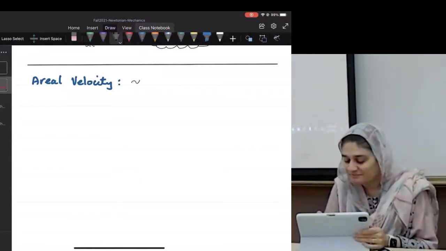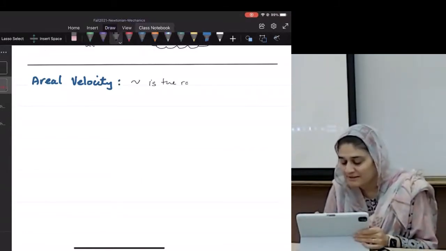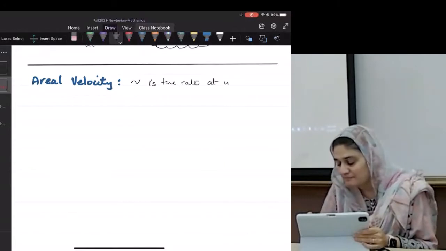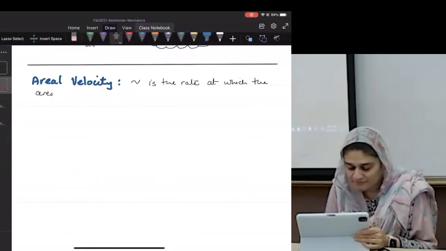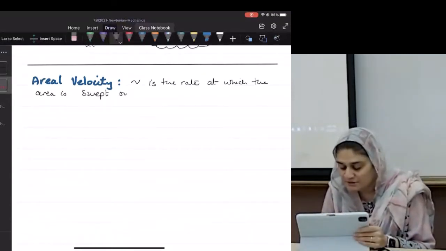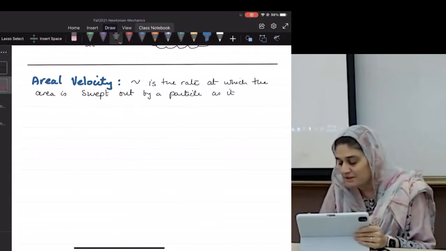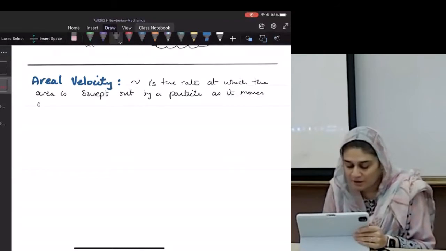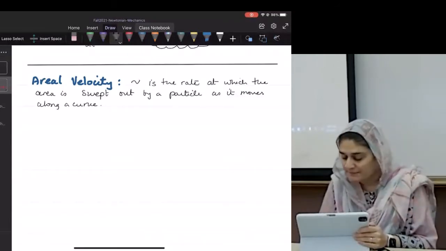Areal velocity is the rate at which the area is swept out by a particle as it moves along a curve. So think about it this way.